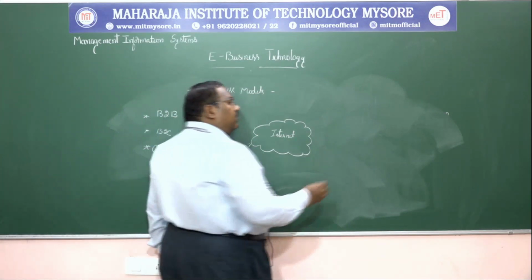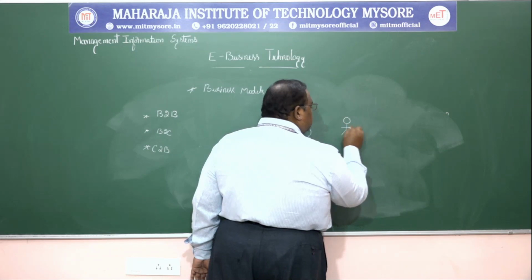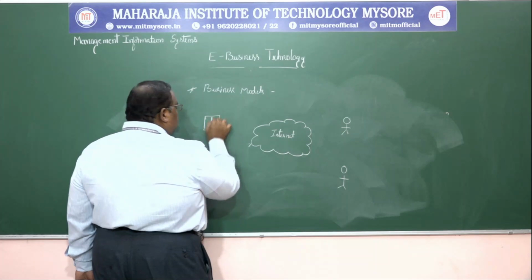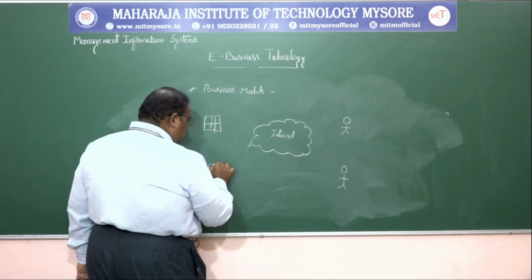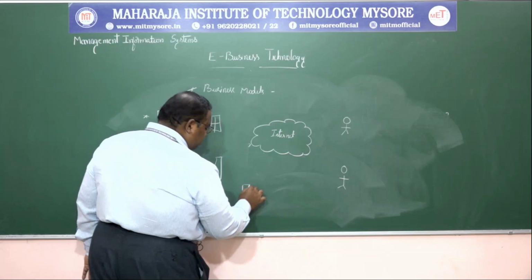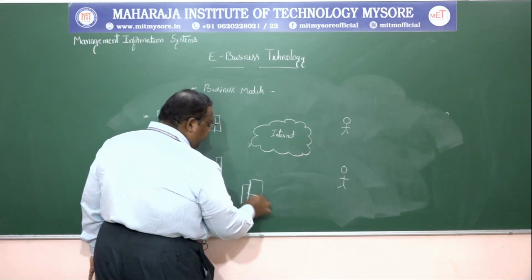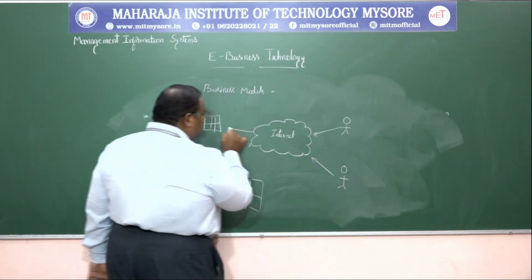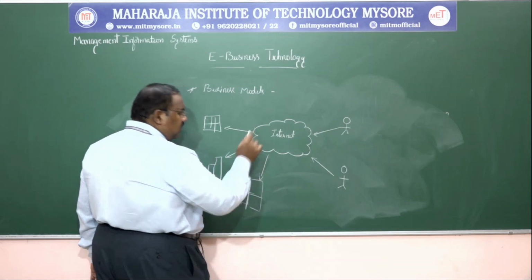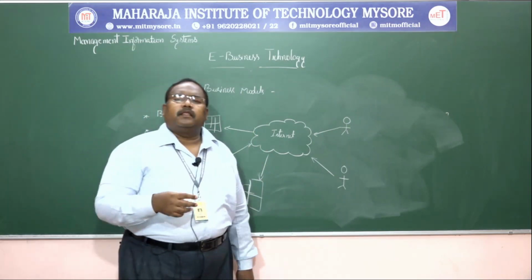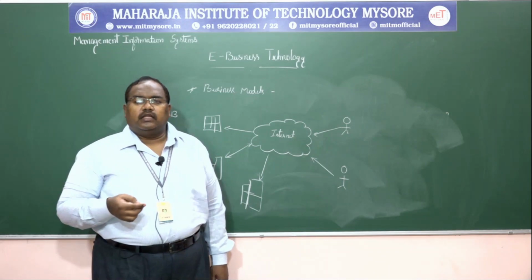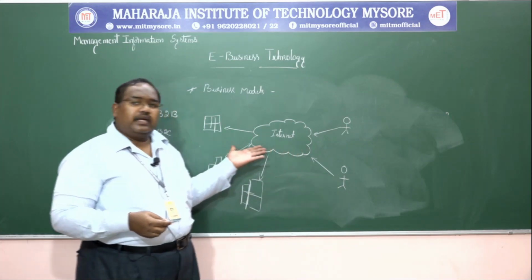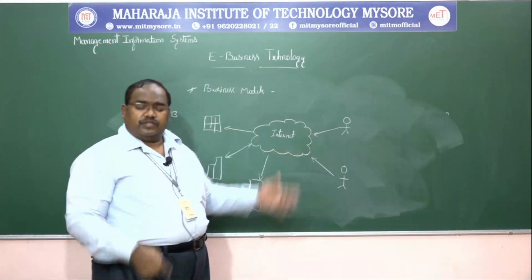What we see, there are a variety of customers and they offer their services to the various industries. Now it is vice versa here. When I talk about the customers here, they work for it online. They provide different kinds of services to the organization through the internet. So this is about the C2B.